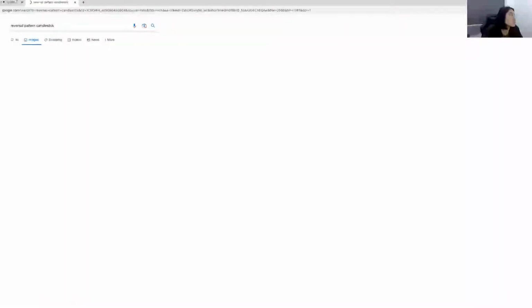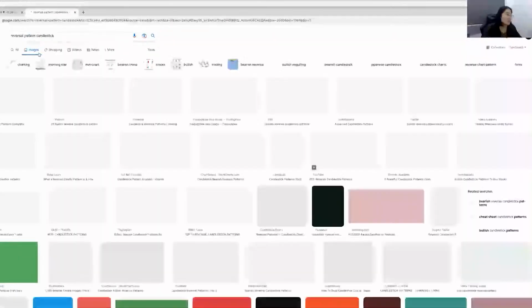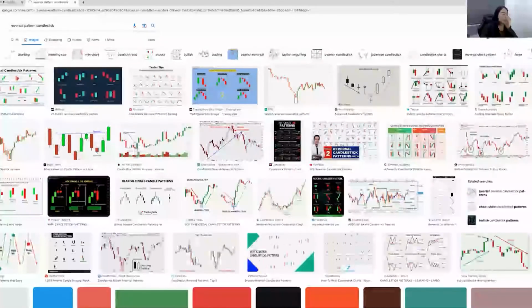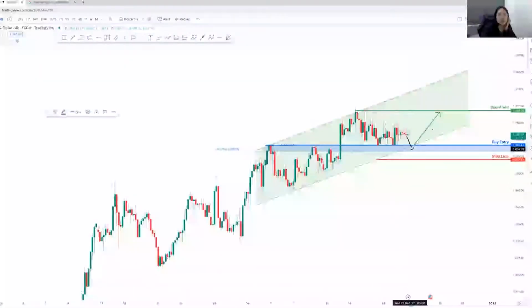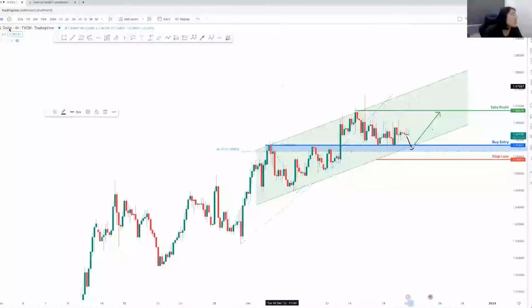When price gets to this area, usually, not all the time, but usually a reversal pattern candlestick will appear, and that is your confirmation to get in for the buy. If it does not appear, do not get in for the buy.